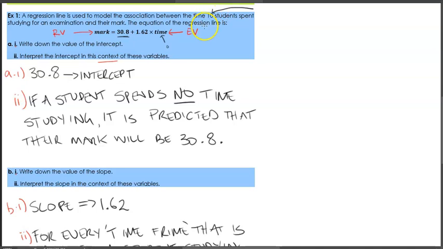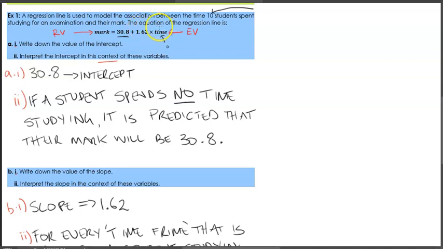Now, it seems kind of unrealistic. You would think, oh, if I spend no time studying, I'll probably get a mark of 0. Well, sometimes you can spend no time studying and actually get a relatively higher amount in comparison to the number 0. And this is just provided by the 10 students. But then for every time frame that they spend, they'll add another 1.62.